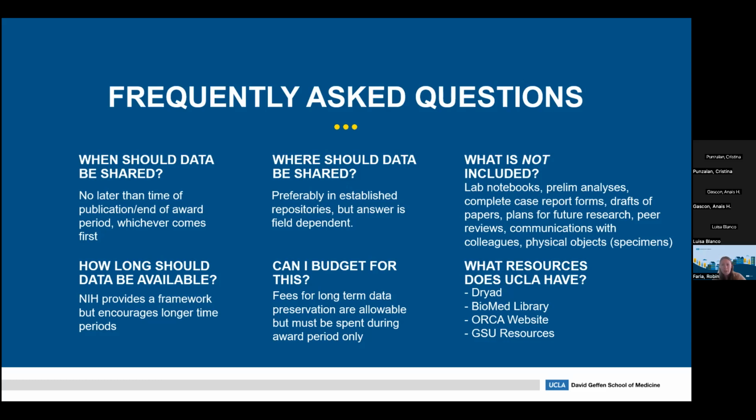The Biomed Library has a couple of online resources, as does the Office of the Vice Chancellor for Research, whose website has a lot of great resources discussing the policy related to this plan. And then my office, the GSU, has a number of resources, including some templates that we've collected from the NIH about what data management and sharing plans look like depending on the type of study that you have.